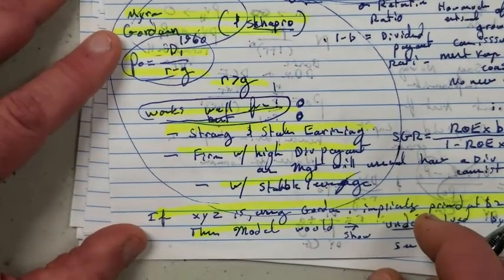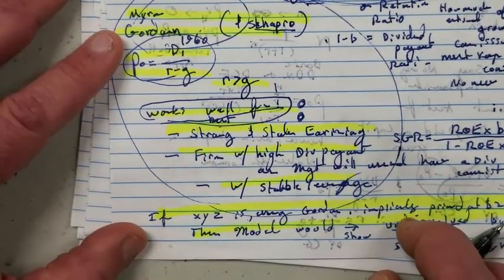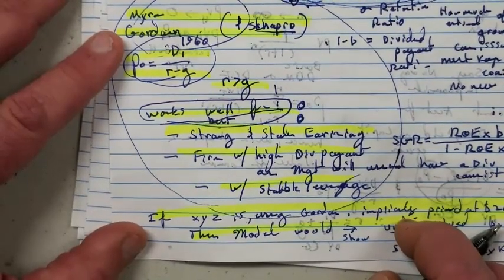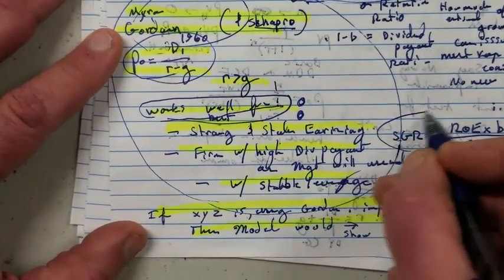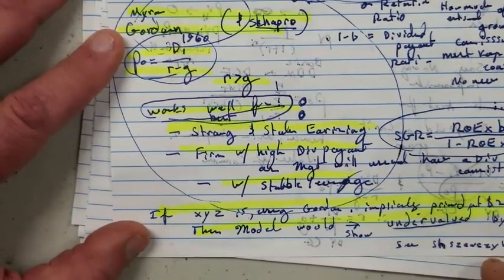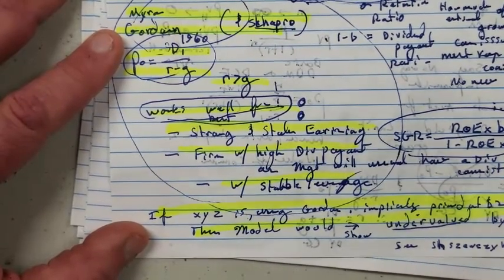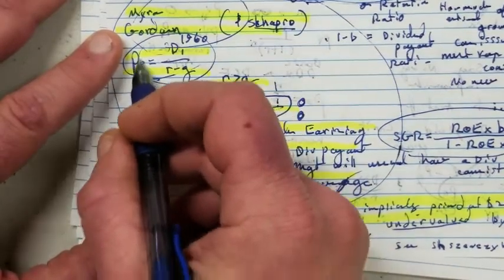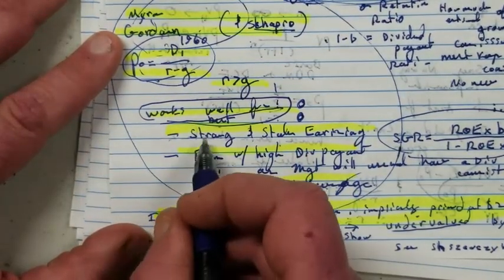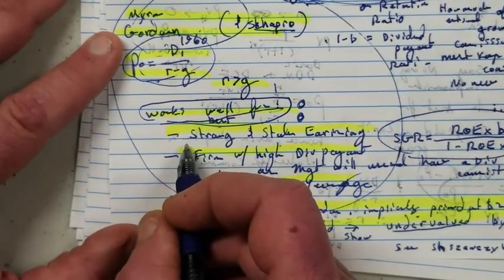Or systematic risk, okay? Not systemic risk, but systematic, which I often confuse. By the way, this is the formula for sustainable growth rate, or ratio, excuse me. And the Gordon growth model works really well in valuing stocks.